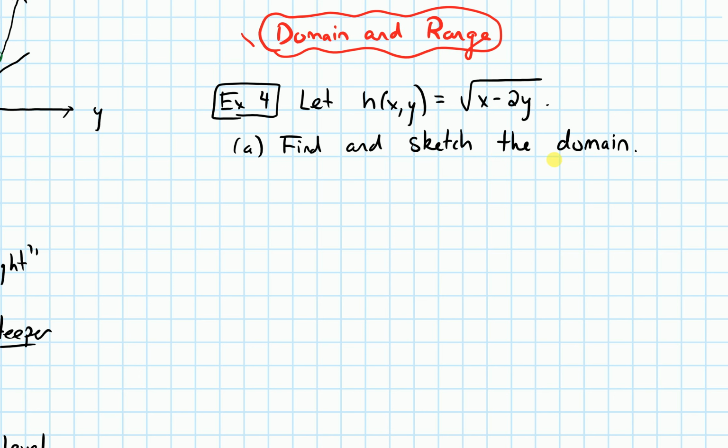To find the domain, thinking back to algebra when we first saw domain, the way we do this is we find what I like to call the restrictions on the inputs. Usually I would say on the input, but in this case we have multiple inputs. So what are our restrictions?